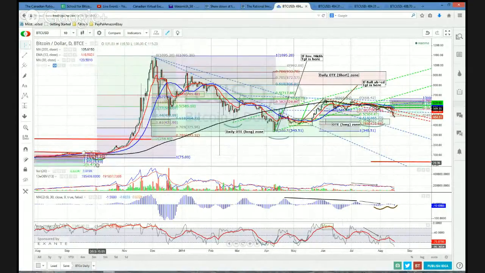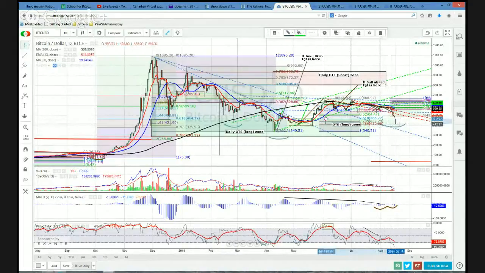What I find really interesting is that I had postulated for a while that we had some sort of inverted head and shoulders going here, and that we needed to see a test of the OTE long sweet spot, this long zone here, to make another shoulder. Now you can really see the trend line off the top, the OTE, and the inverted head and shoulders. There are so many reasons why we could see a move down into this mid 400 area.